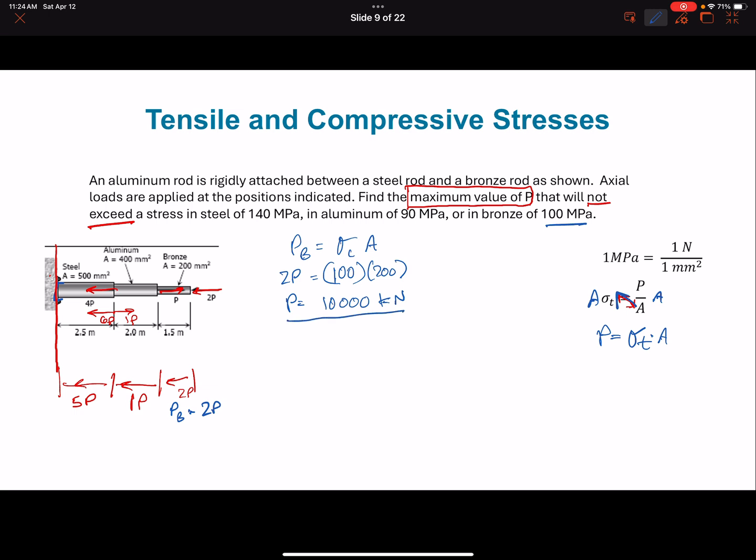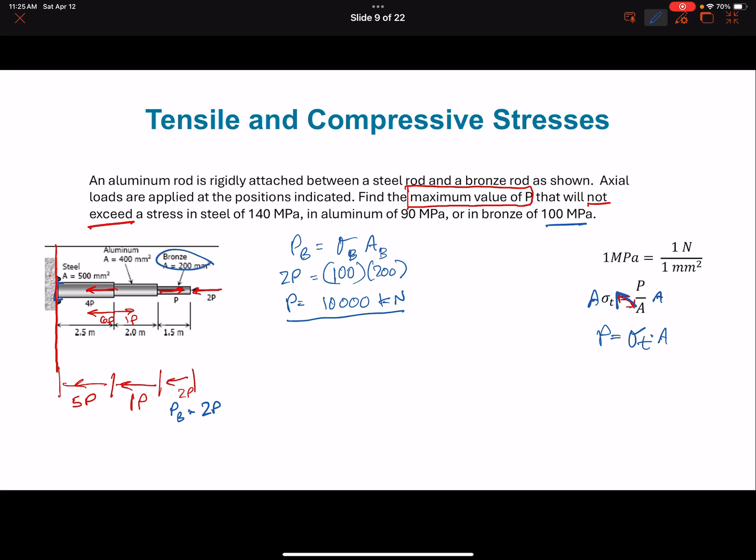You follow me? So the generic equation PB, we're looking for the force for bronze, PB, equals our maximum stress for compression. I could probably call this B for bronze, that might make more sense, times the area of bronze, which I got right here. So the maximum PB.